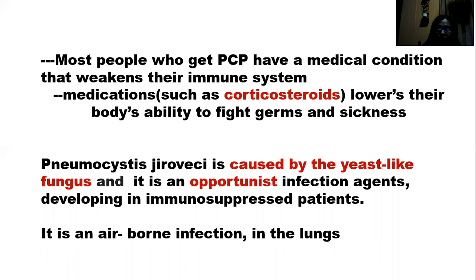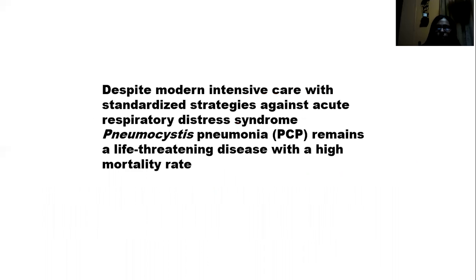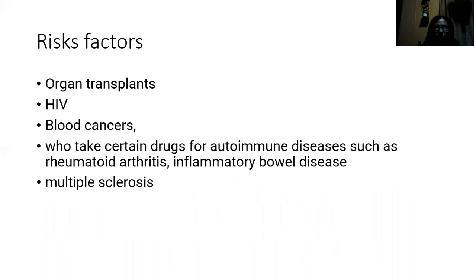It is an airborne infection in the lungs. Despite modern intensive care with standardized strategies against acute respiratory distress syndrome, Pneumocystis pneumonia remains a life-threatening disease with high mortality rates.